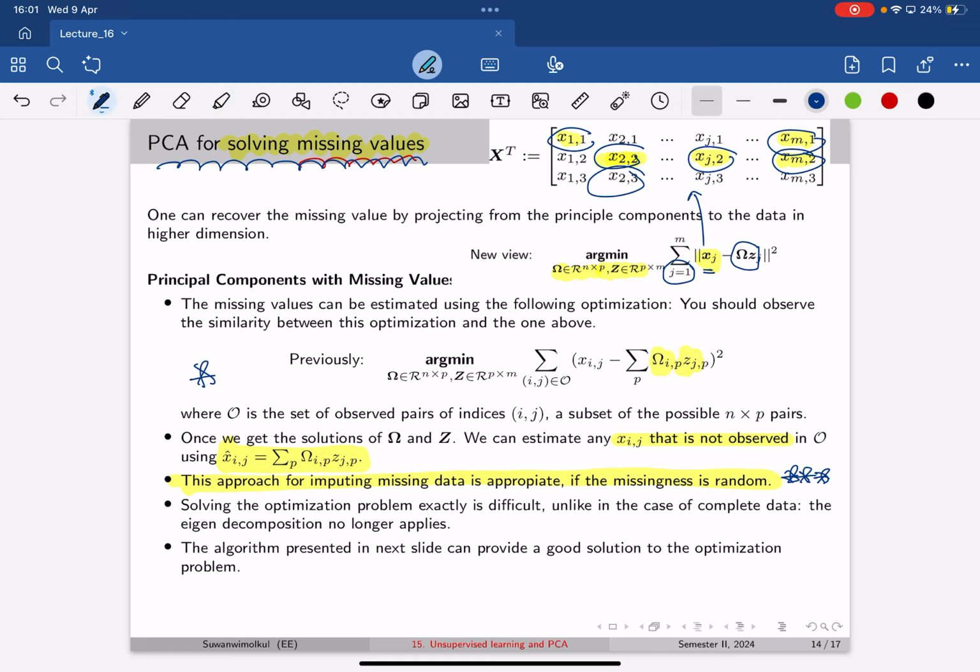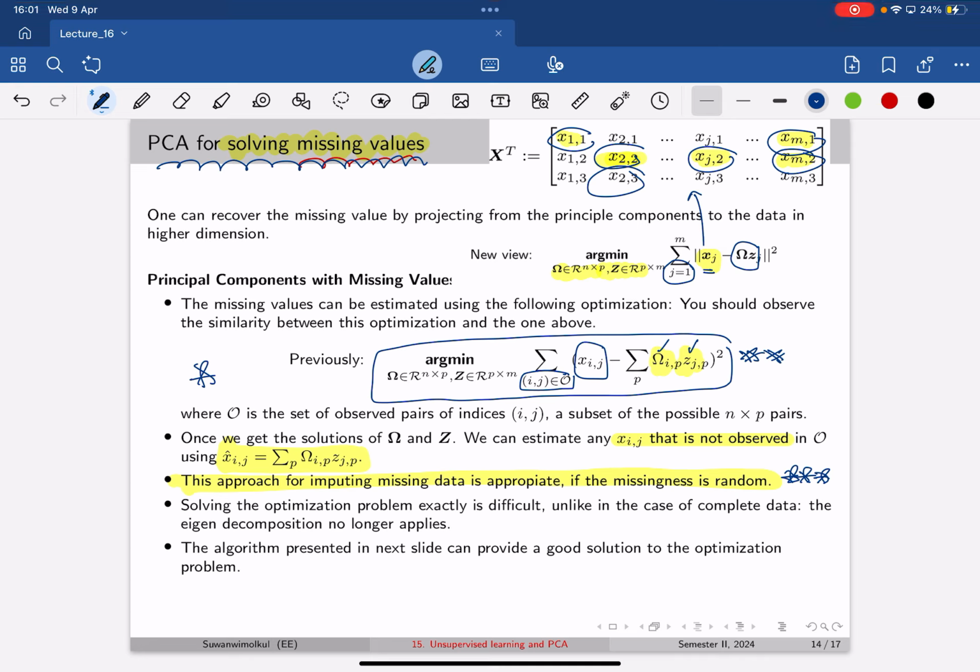Anyway, before we go, just to let you know that if we cannot observe every pair ij in X, this problem is hard to solve. Part of the reason is that if you want to solve for omega and z, you have to solve this optimization by trying to find the omega matrix and z that you sample from some random number and make sure that it fits this optimization problem, which could be very difficult, because you're no longer able to use what you learned previously about the eigenvalue, eigenvector decomposition.